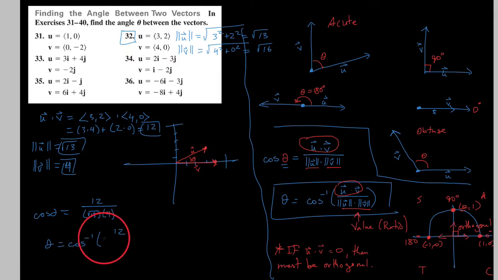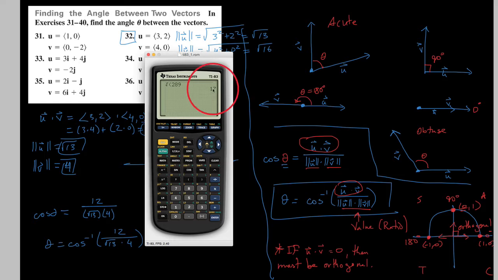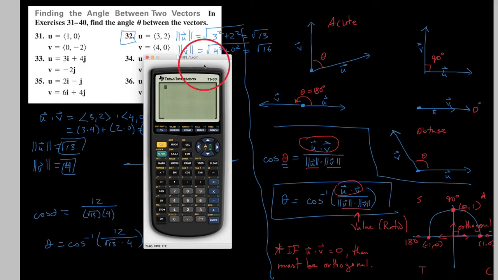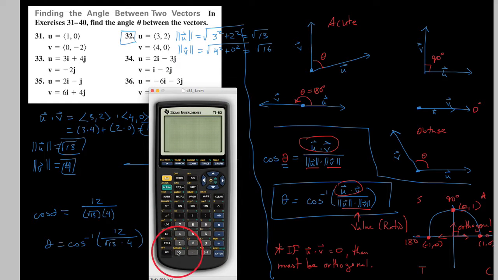And so we get the cosine inverse of all of this. I'm going to have to be crafty in how I type this into my calculator here. So let's go ahead and do that part now. And so looking at this, you could do it in pieces. Things like I could take 12 divided by, in parentheses, the square root of 13. I'm going to have to put an end parenthesis on that square root.